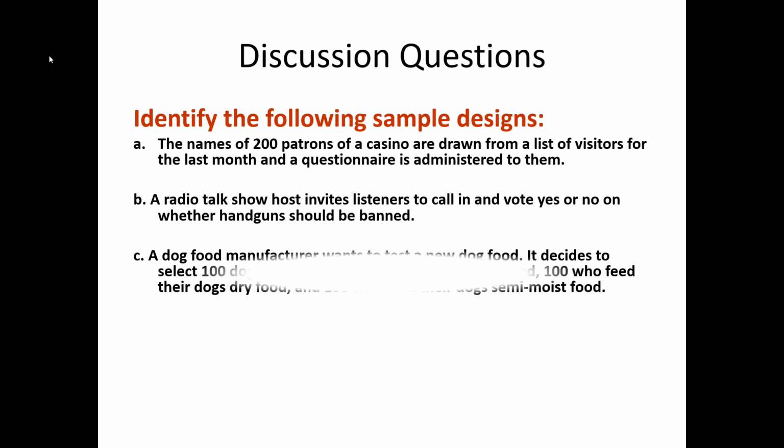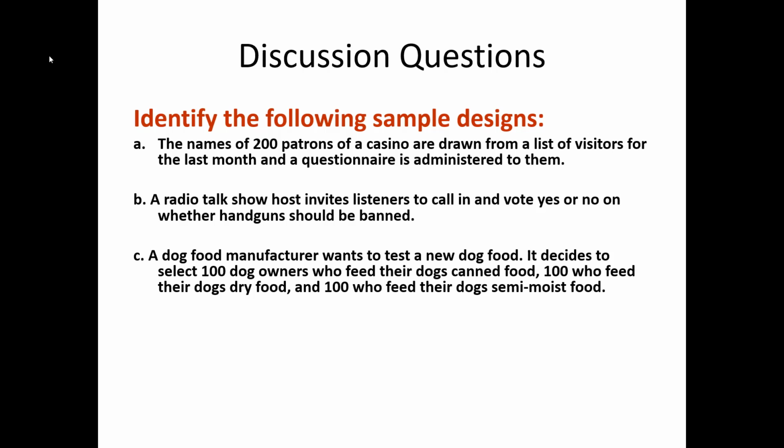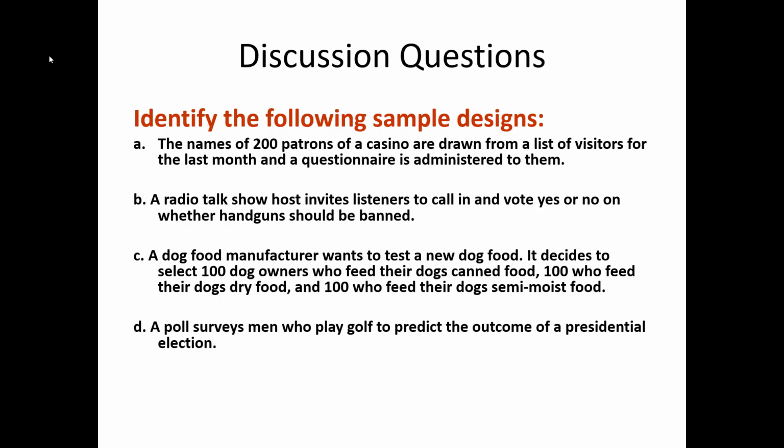Number three, a dog food manufacturer wants to test a new dog food. They decide to select 100 dog owners who feed their dogs canned food, 100 who feed their dogs dry food, and 100 who feed their dogs semi-moist food. Number four, a poll surveys men who play golf to predict the outcome of a presidential election. Now, which one is which?